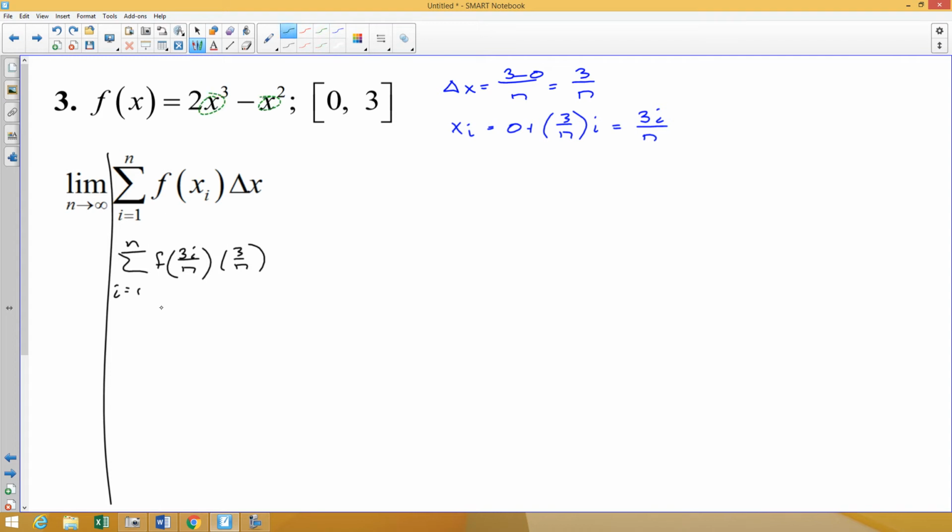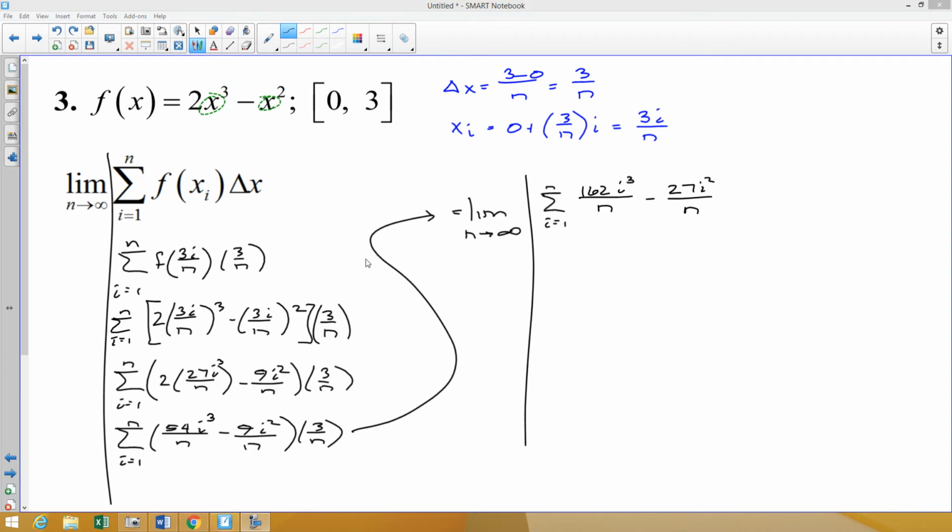So that's going to be 2 times (3i over n) cubed minus (3i over n) squared. And then all of that is my f of 3i over n, but I still need to multiply it by the delta x, the 3 over n on the side. And let's expand and clean this up. There's the full expansion of all this stuff.